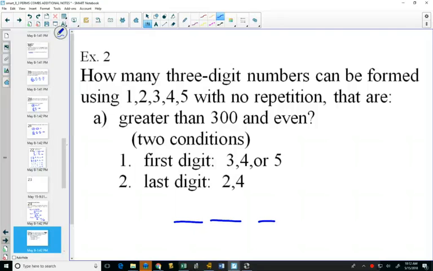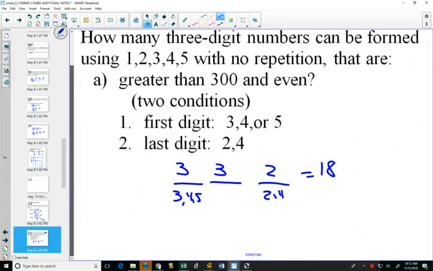So you start with your spaces, 3 spaces, greater than 300, so that means this is a 3, a 4, or a 5. So you'd say, oh, there's 3 choices here. And then you say it needs to be even, so you put 2 and 4, so 2 choices. I've used up 2 numbers and 3. And you go and check your answer at the back of the book, and it's wrong. It's not 18.